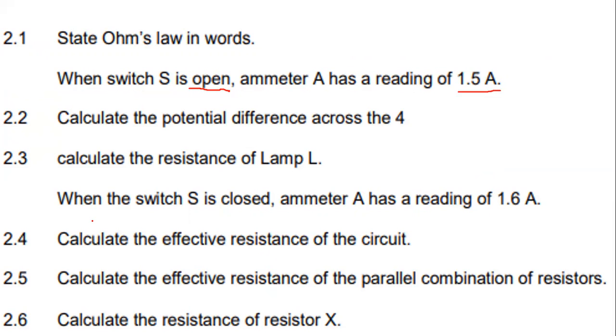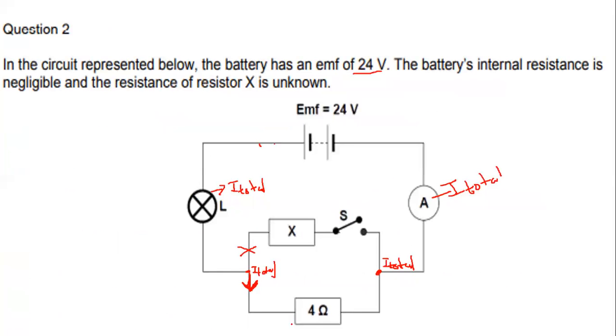Then we are asked to calculate the potential difference across the 4 ohm resistor. So I want to know what is the potential difference there altogether across the 4 ohm resistor.